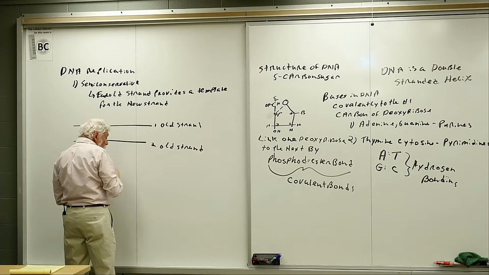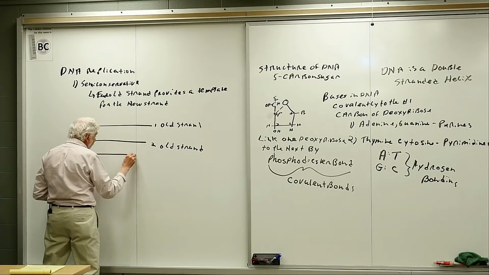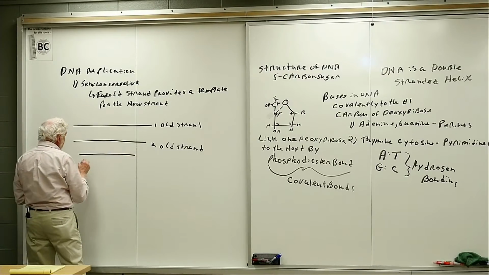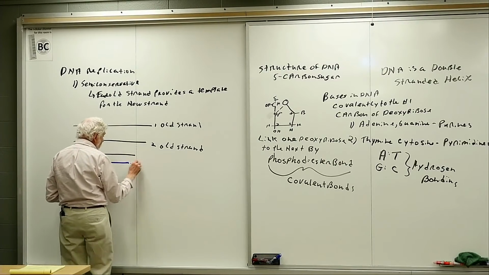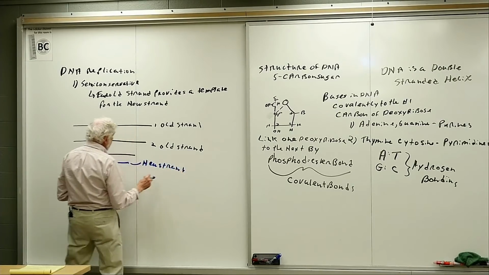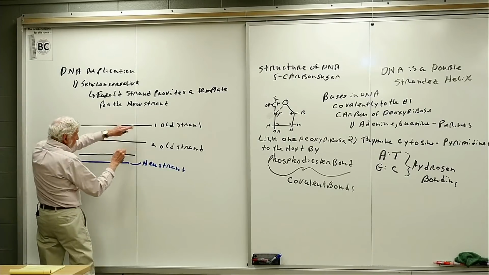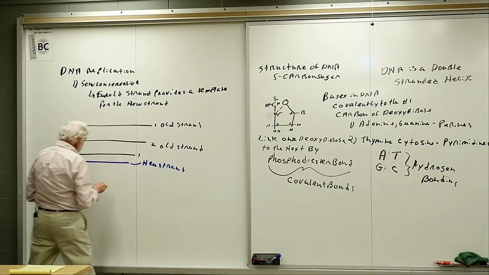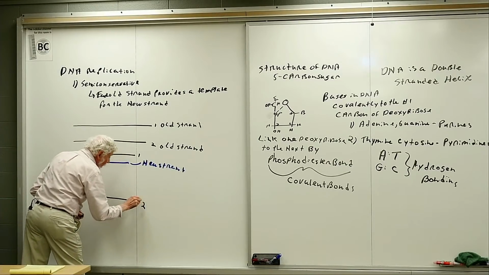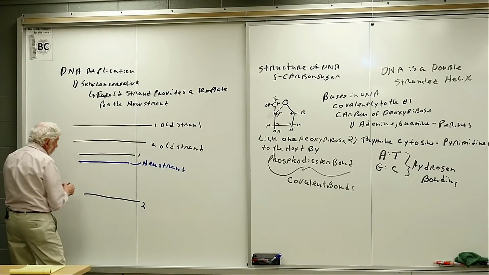And semi-conservative replication means that when we replicate a new molecule, we'll have an old strand here, and in blue, we have a new strand. So this is the new strand. And I'll number these to say that this old strand is number 1. And then similarly down here, there's going to be the number 2 old strand, but it will be complementary to this new strand.